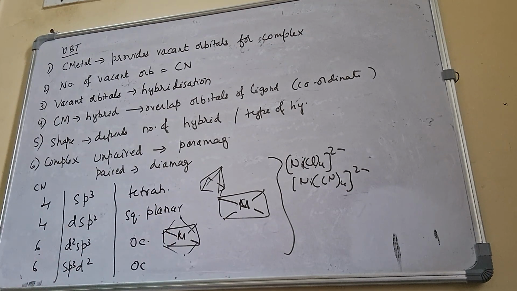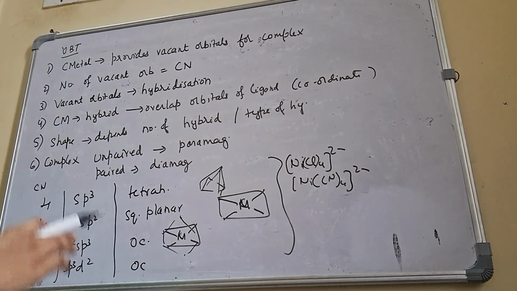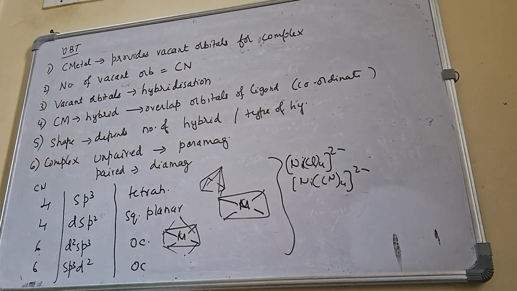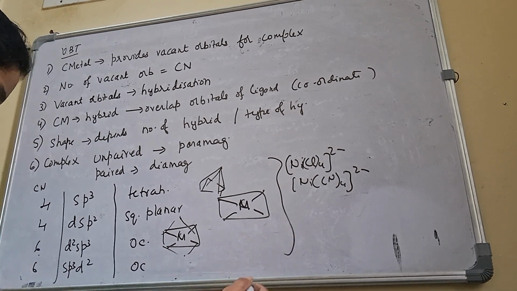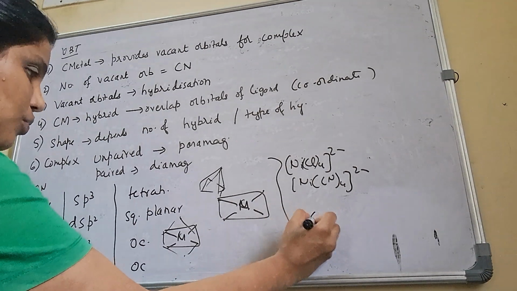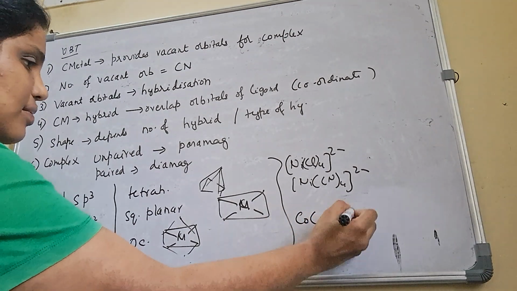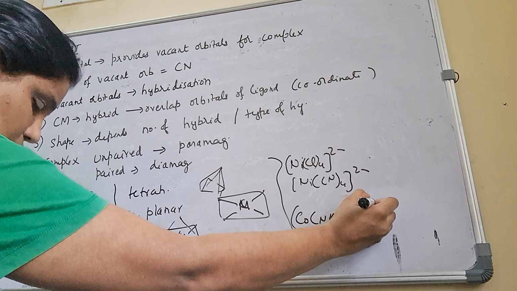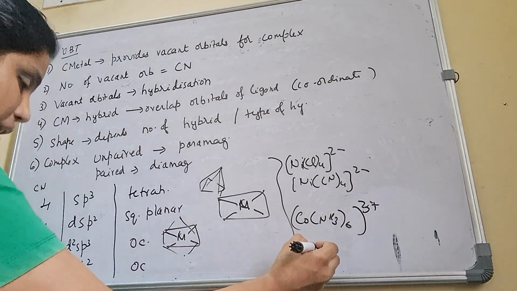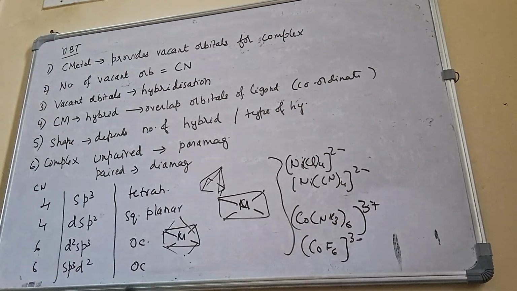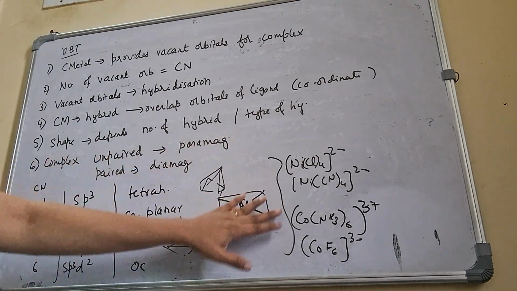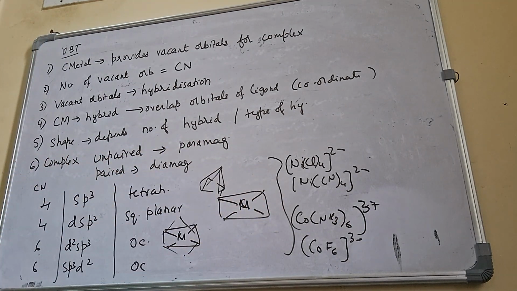It is like a square based pyramid, but on top and bottom. Both of them will be octahedral, but there's a difference. Examples for this will be Co(NH3)6 3 plus, and CoF6 3 minus. You will understand this when we go into the details.